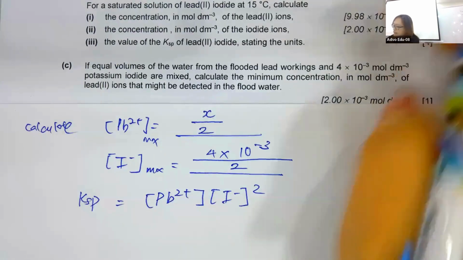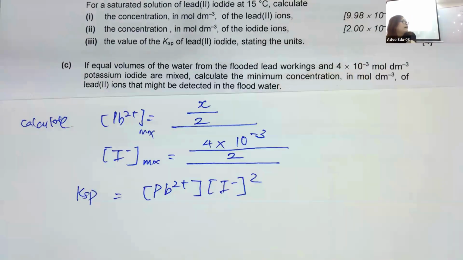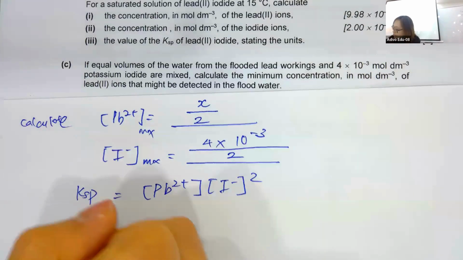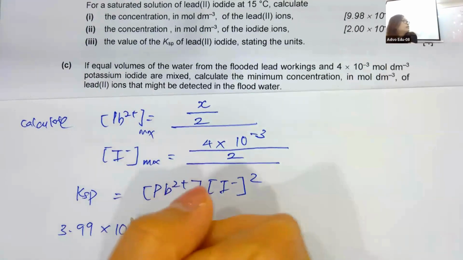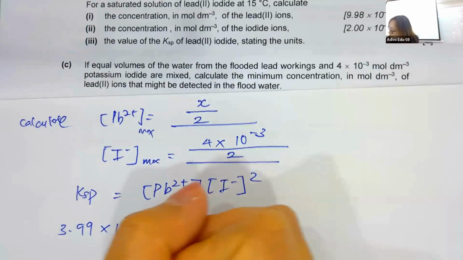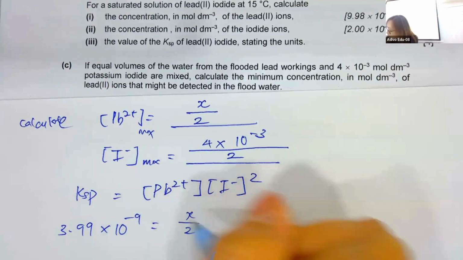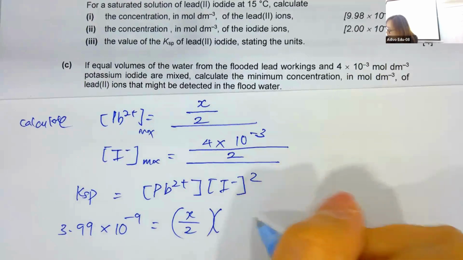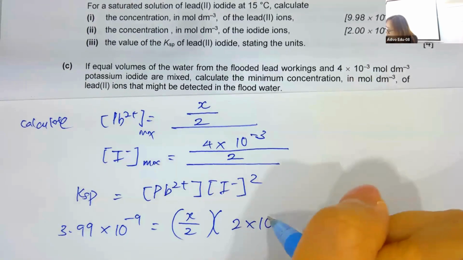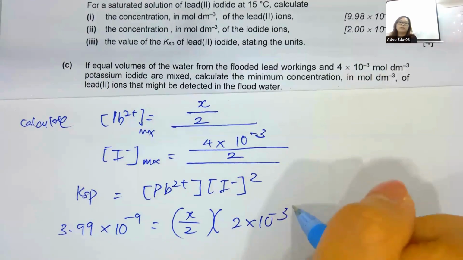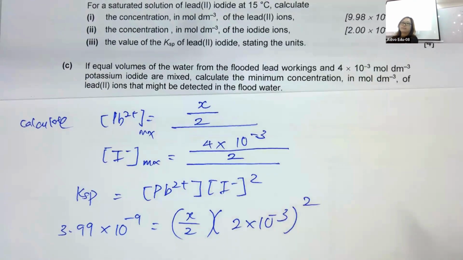Okay, now KSP is given, right? So we already calculated it out, right? So x over 2, then we have 2 times 10 power minus 3, to the power 2. Now you solve your x. That's it. Got it?